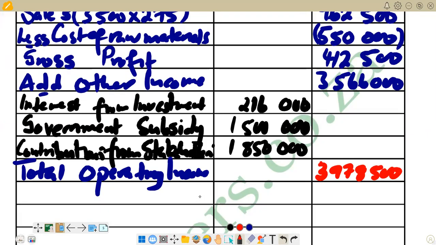Then beneath that now we are going to the section of total operating expenses. But then we are subtracting this total operating expenses. So we are just going to say less total operating expenses.